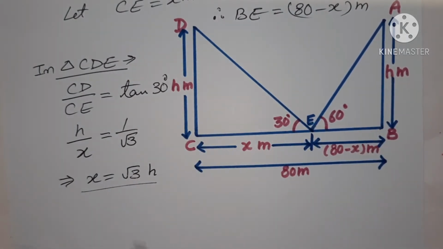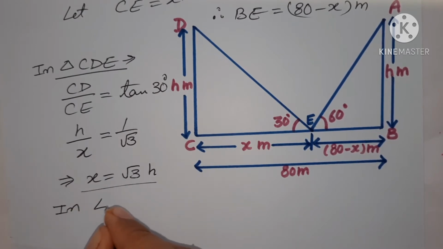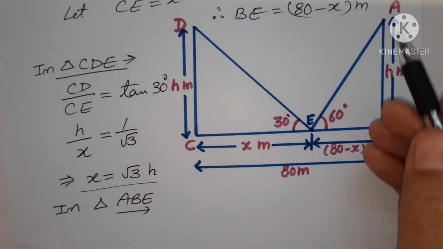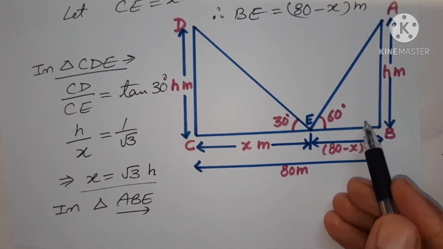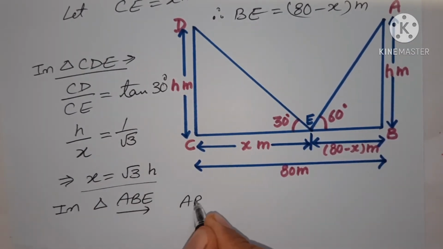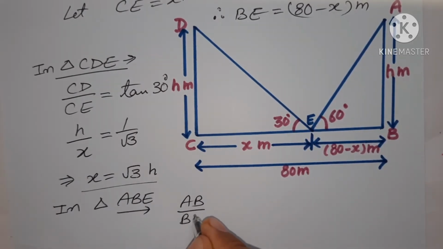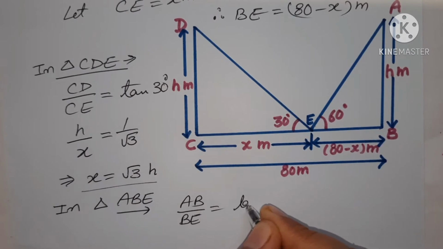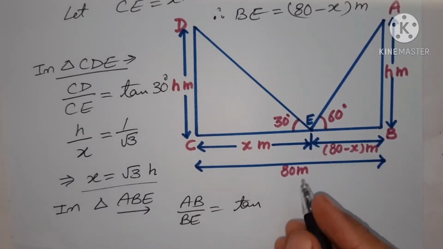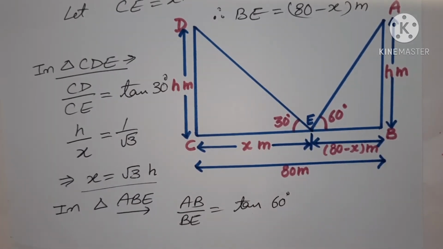So we will write, in triangle ABE, this triangle ABE, again the perpendicular is AB. So we will write AB upon base BE is equal to tan, and the angle is 60 degrees.